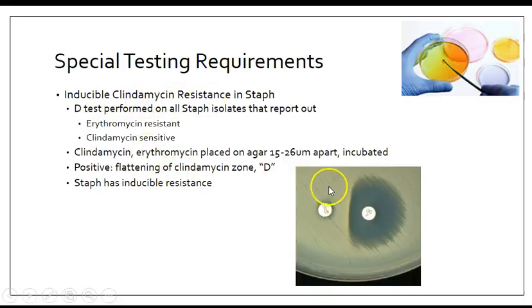So what you do is streak the organism on a plate, you make an inoculum. The clindamycin and erythromycin discs are placed 15 to 26 millimeters apart. You incubate. If it's positive, there is a flattening of this zone, and it makes it look like a D. So it's called the D test. And staph has an inducible resistance to clindamycin in this. So this result from the instrument will say sensitive, and we have to go and change it to say resistant.